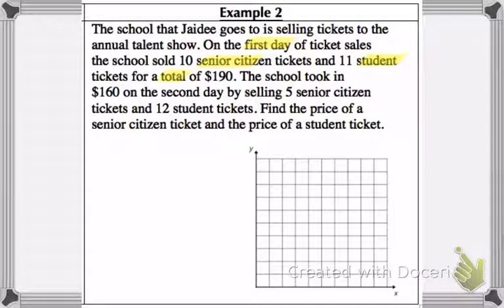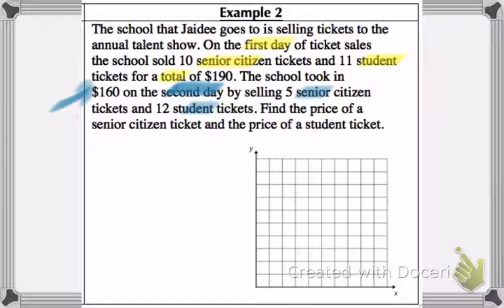I guess I can't. We'll try that. Okay, so the school took in on the second day senior tickets, student tickets, and they took in 160. That was my total. Yep, that didn't come out so good.